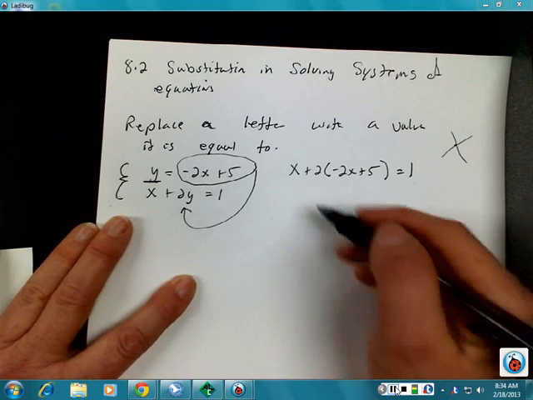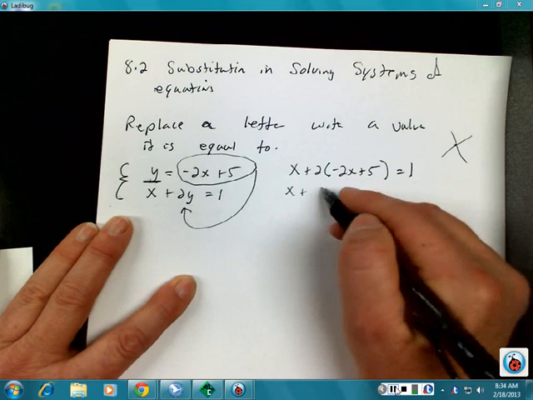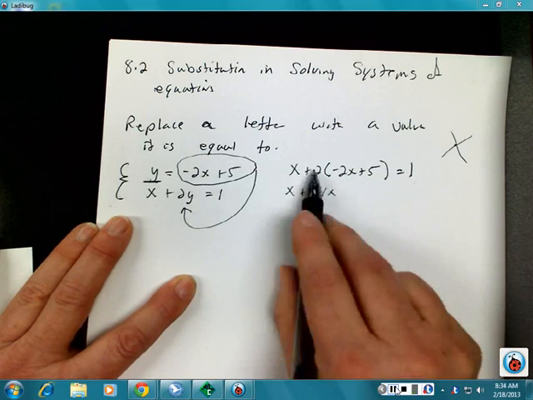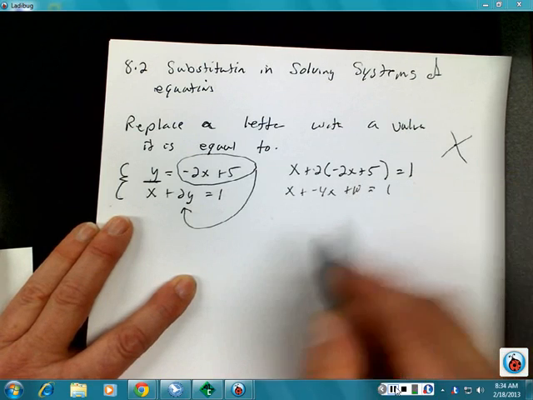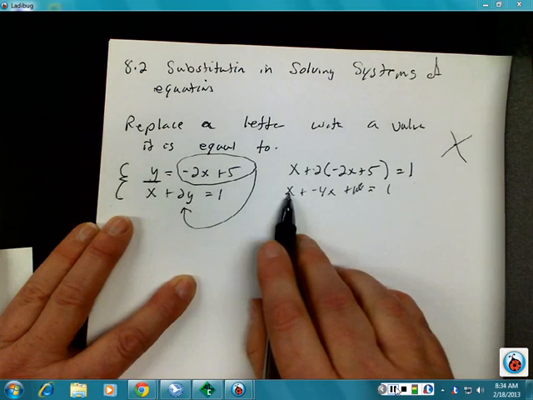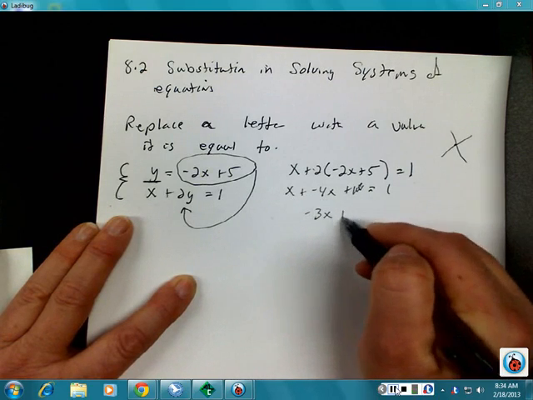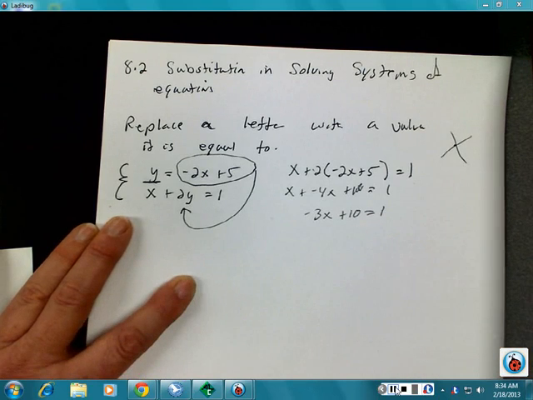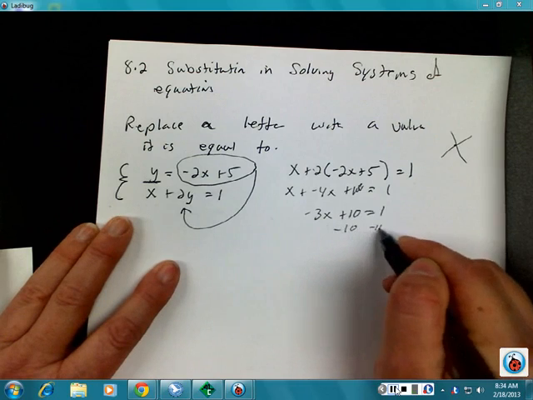So if I finish this, I have x. Distribute the 2 times everybody, so 2 times a negative 2 is a negative 4x. 2 times 5 is 10, equals 1. Combine my x's, a positive 1 and a negative 4 is a negative 3x. Then I move my 10 over.